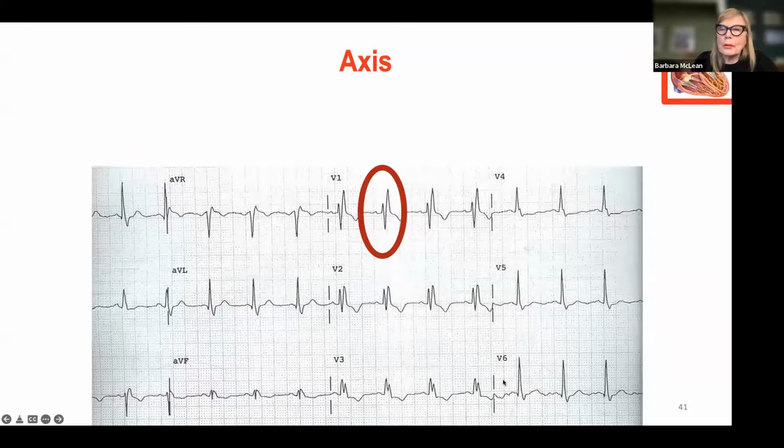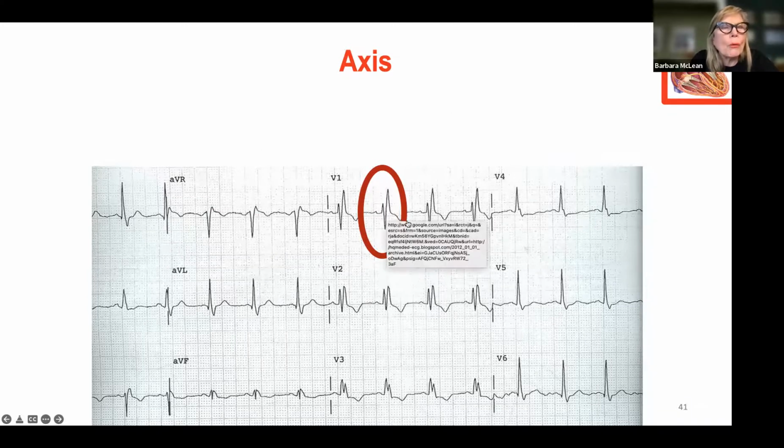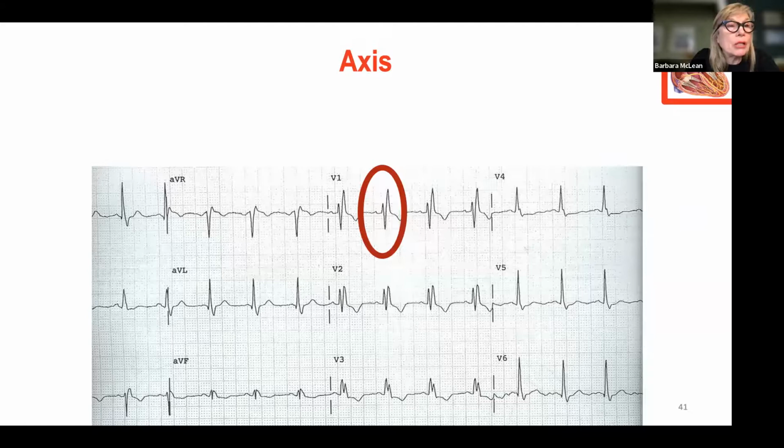Okay, so now we look at this patient and you can see upright in 1, downwards in aVF, that's the left axis. And again, right bundle branch block. Zone of transition is early and it's wide. You've got a right bundle branch block, but you got a left axis deviation, the most common partnership that you can see electrically.